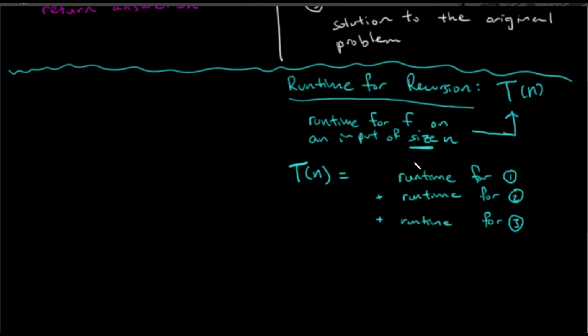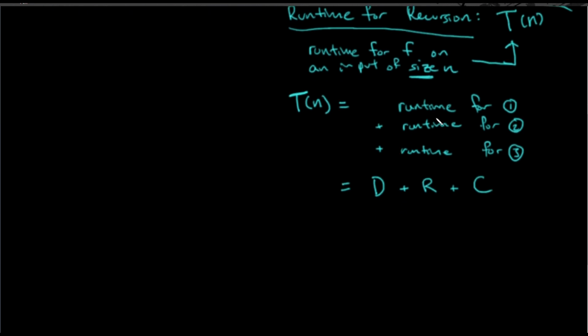So what you might see in some textbooks, or at least how it's done in 250, is you're going to see that the time, the runtime, big T, is equal to D plus R plus C. And these have a one-to-one correspondence with these steps.